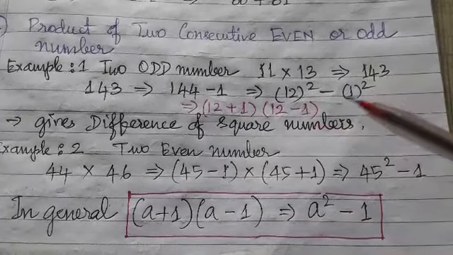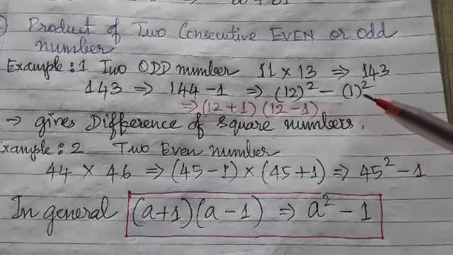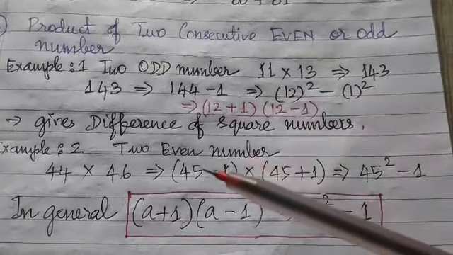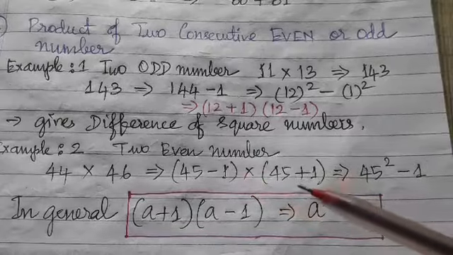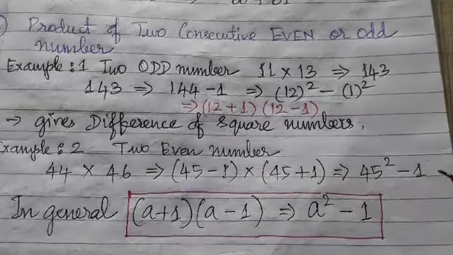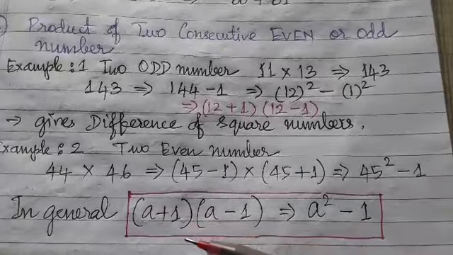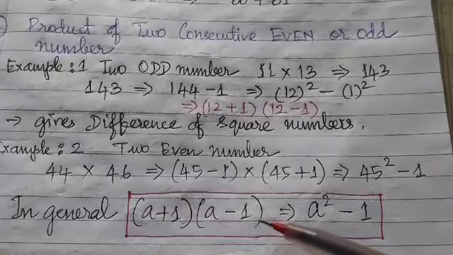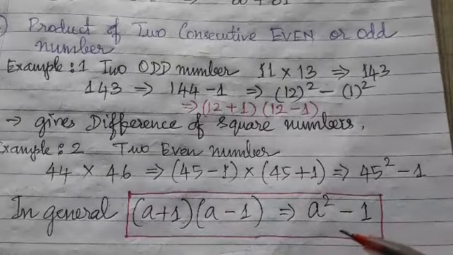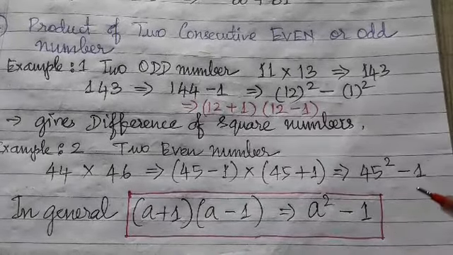Here, as per the number, it is 12 square minus 1 square, the first problem. For the even numbers, 45 minus 1 times 45 plus 1 equals 45 square minus 1 square. So in the general form, (a plus 1)(a minus 1) gives a square minus 1. 1 is a perfect square number.